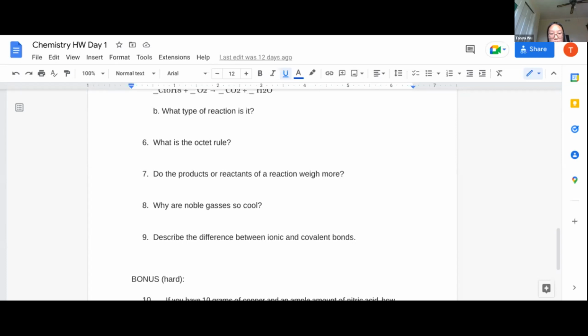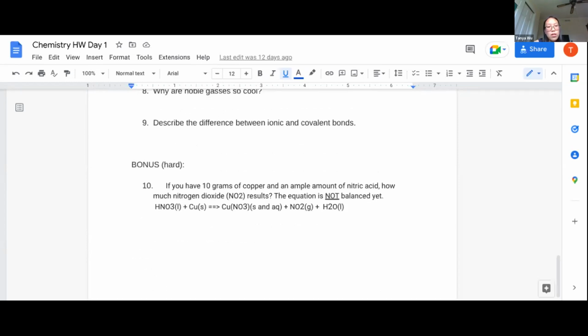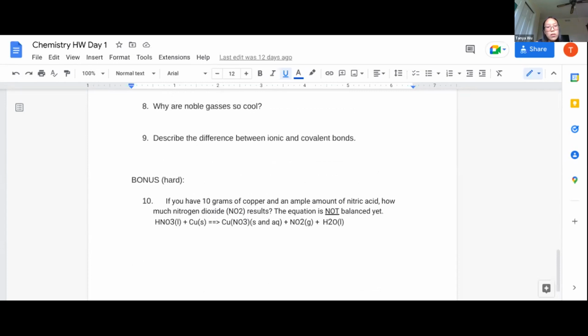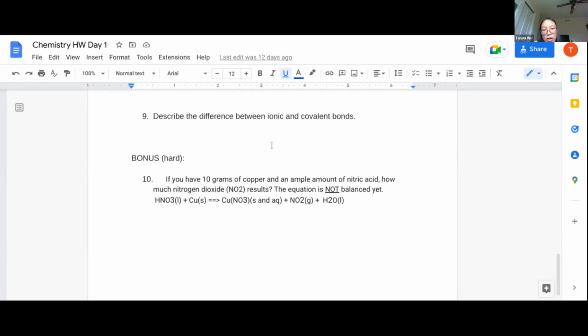The products and reactants should be the same, unless there's a mistake in which something escaped, because matter cannot be created nor destroyed, so it has to have the same mass on both sides. Noble gases are cool because they have a full valence shell, so they already have what basically all the other elements want.